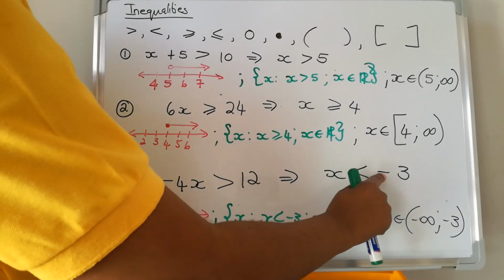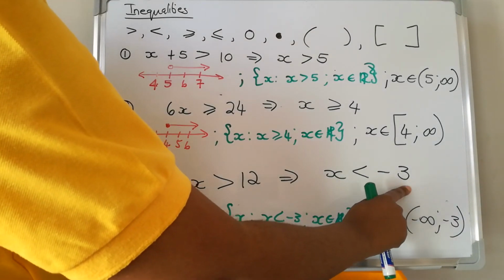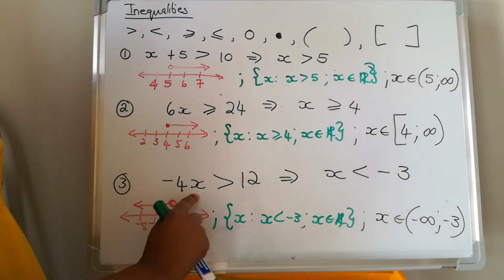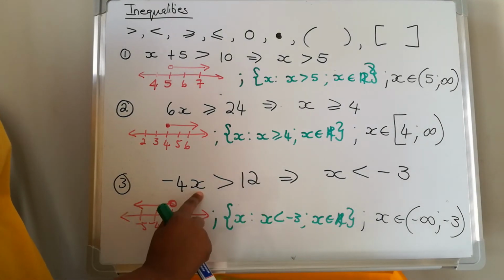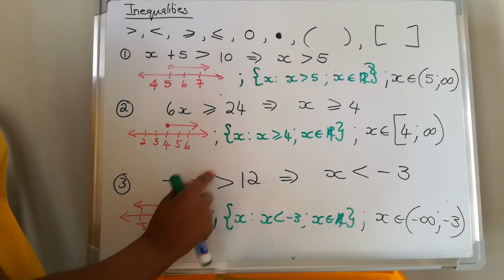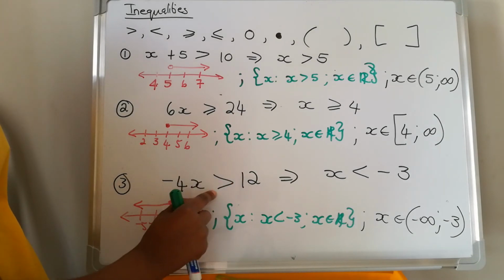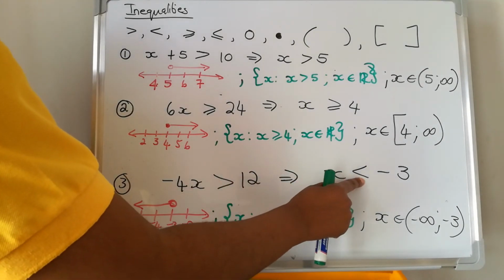So x is smaller than minus 3. So every time you divide by a negative number or you multiply by a negative number, the sign changes. So it moves from greater to less than, or if this was less than, then this would be greater than.